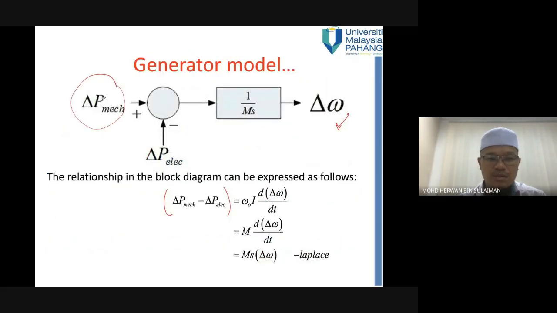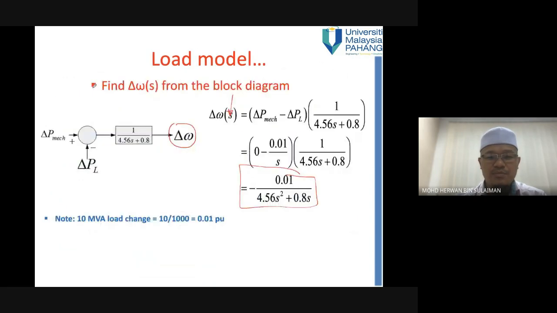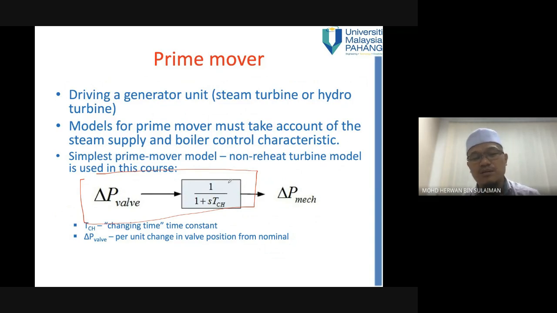So input kepada Pm ni apa? This one output, right? Pm. So apa yang jadi daripada Pm tu, dia ialah daripada kita punya prime mover.